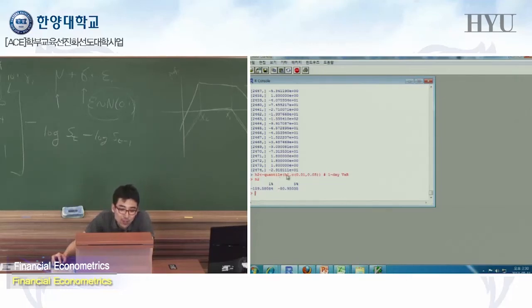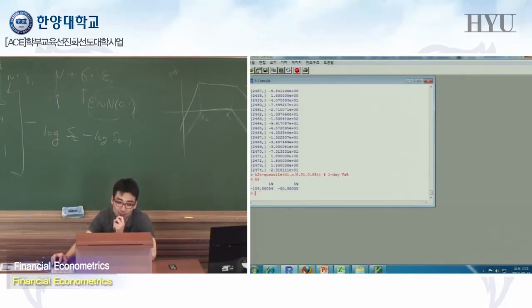So based on this H1, which is my simulated profit, I want to find the quantile value, which is the critical value at 1.5%. So basically, this is my 1-day 99% value at risk. Of course, I need a plus sign over here. Okay, 105.9 billion Korean won and 80 billion won.